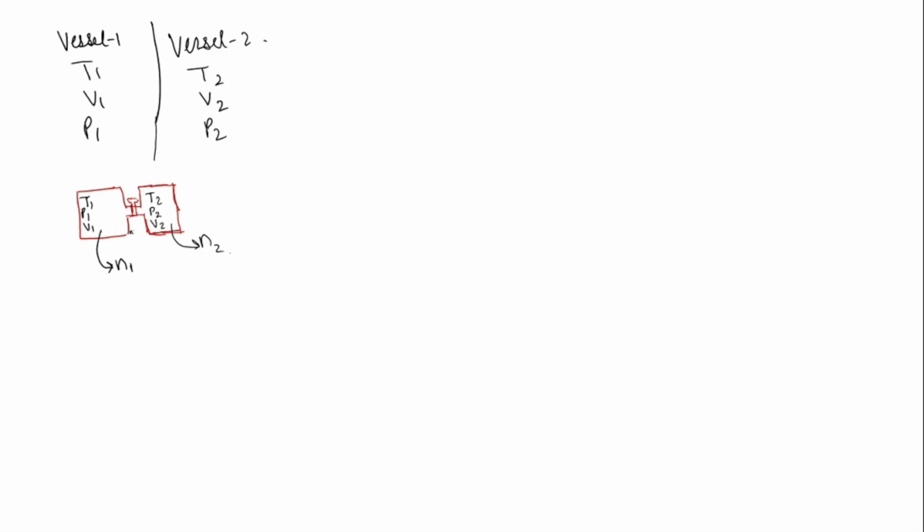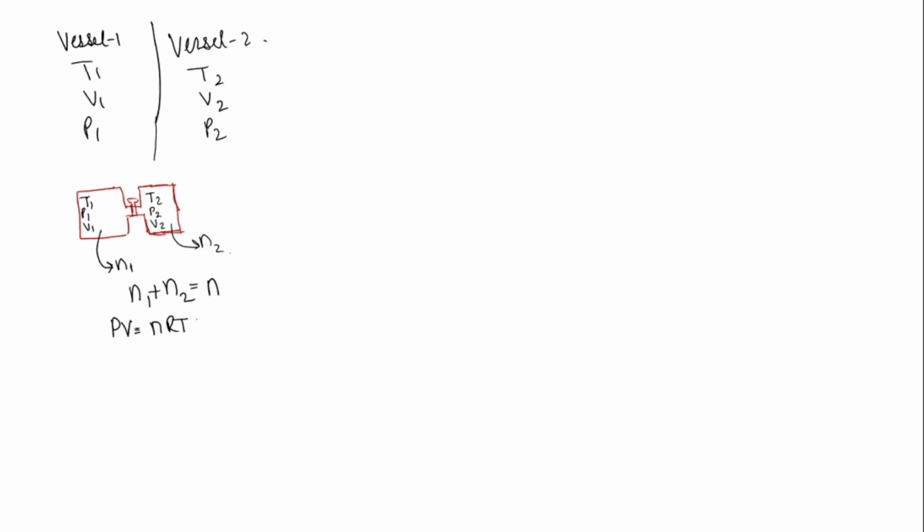So when the valve is opened, the total number of moles will be N1 plus N2. This is equal to the total number of moles when the system is at equilibrium. According to the ideal gas equation, we know PV is equal to nRT.